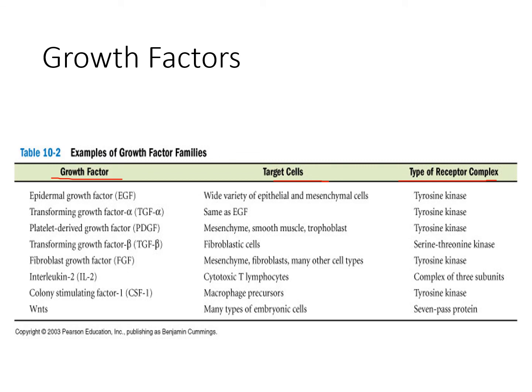All right, so you don't need to memorize this. What I want you to look at is what the natures of this growth factor are, and what kind of targets it has an effect on, and relate this all together with the type of receptor complex that recognizes those ligands.